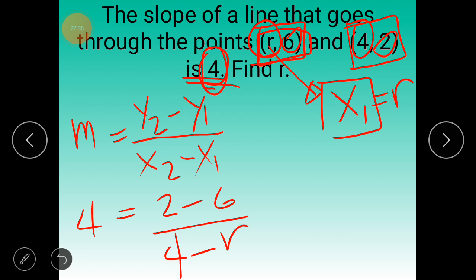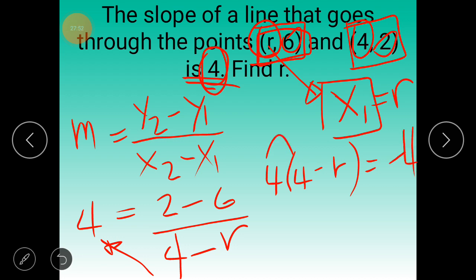Okay, then cross multiply, so this will become 4 times (4 minus r) equals 2 minus 6, you'll get negative 4, right? Then 4 times 4, 16, 4 times r, negative 4r, equals negative 4.